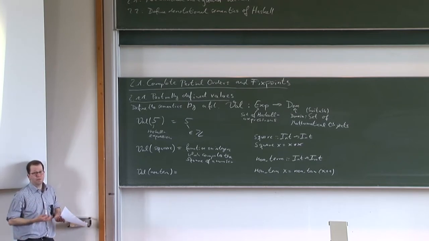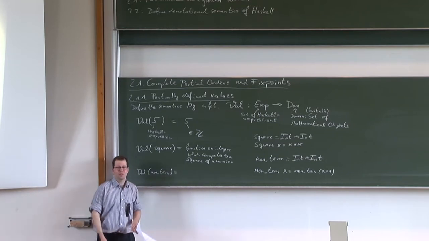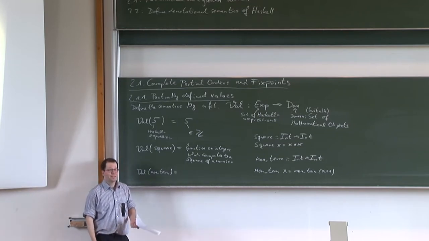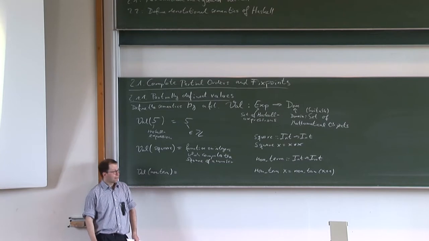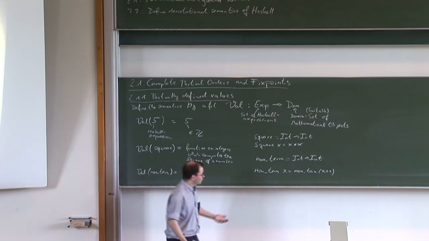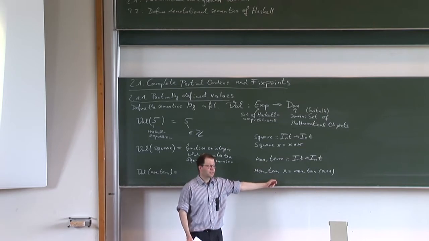Now, obviously, it should again be a function, but what function should it be? It should not be the function that squares integers or that doubles integers or the identity function. That's not a good idea. So what do we want here? Intuitively, this function should always be undefined, because non-term doesn't terminate.